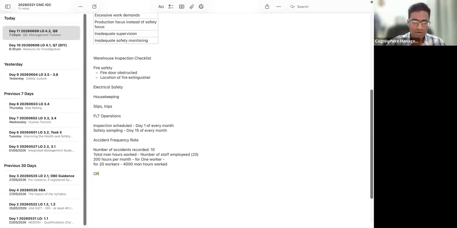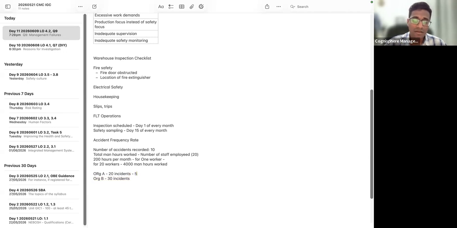Now let's assume there is an organization A, and the number of incidents recorded is 20 incidents. And then we have organization B. The number of incidents recorded is 30 incidents. So here we cannot make a direct comparison with the number of incidents. If we make a direct comparison, anybody would say organization B has a poor health and safety performance because of a high number of incidents recorded when compared to organization A. But we should also consider the number of staff employed.